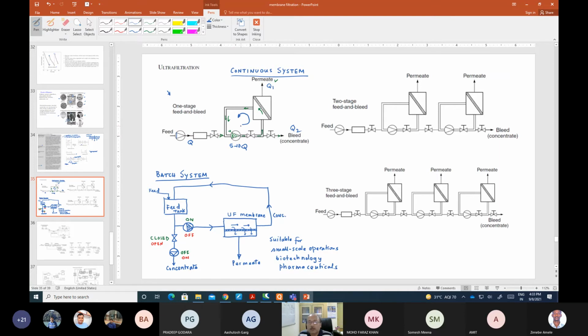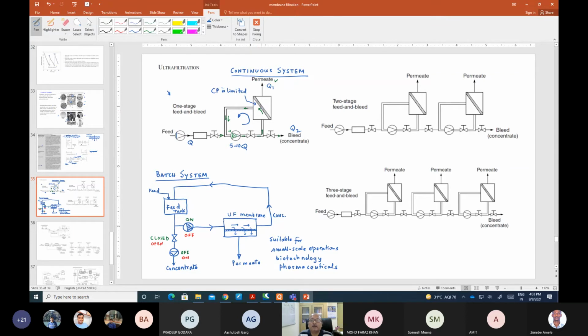So why do we need to do this? We need to do this because then the concentration polarization is limited right here, because a high volume of water is always passing through the membrane.